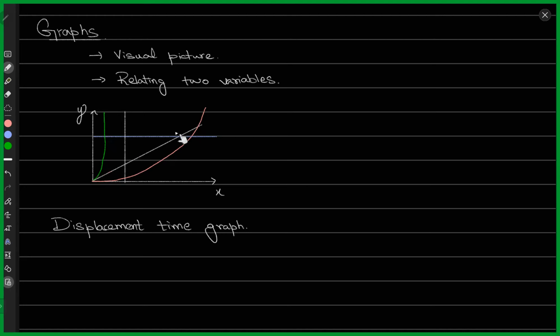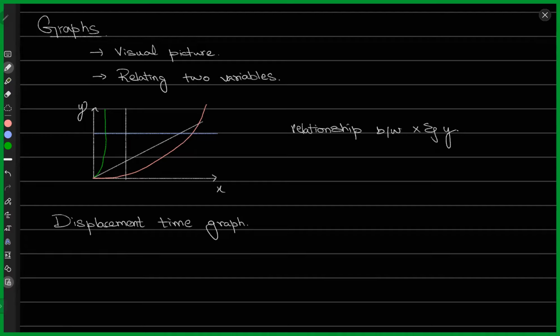And these lines are actually a relationship between x and y, two quantities. Now, in physics, normally we tend to put time on the x-axis, and whatever quantity we want to see changing as time progresses is placed on the y-axis.